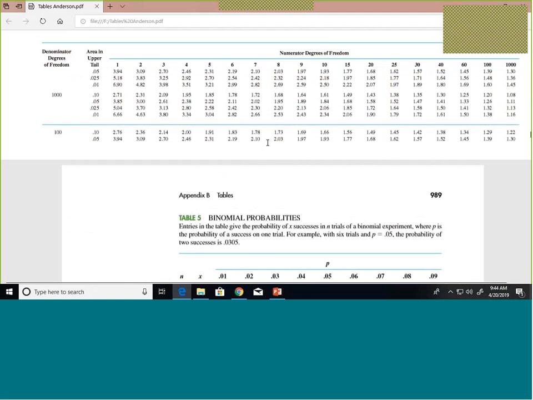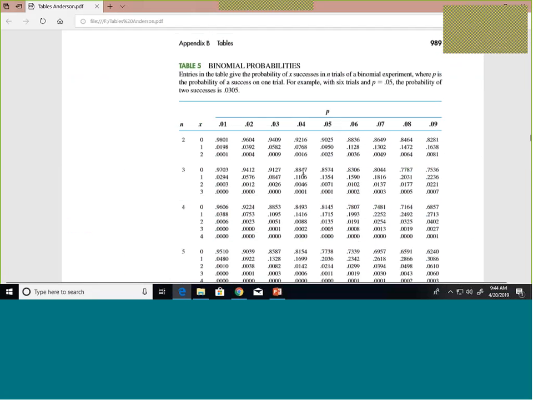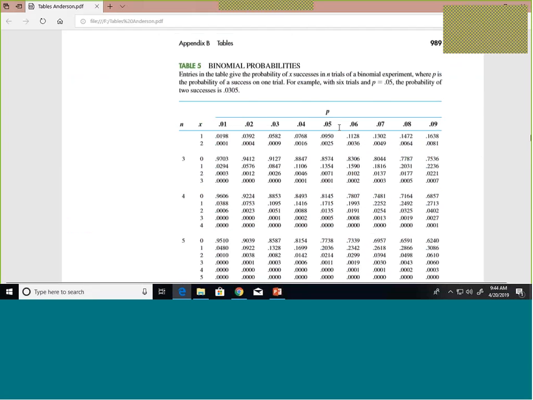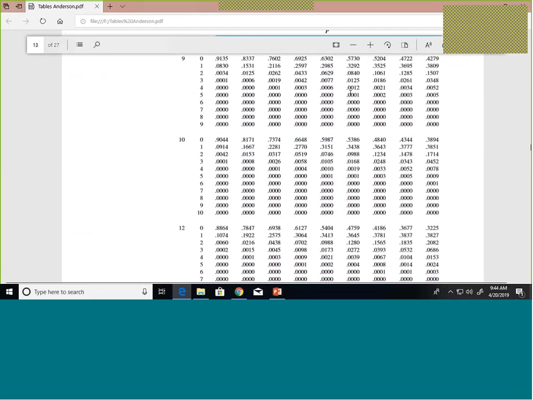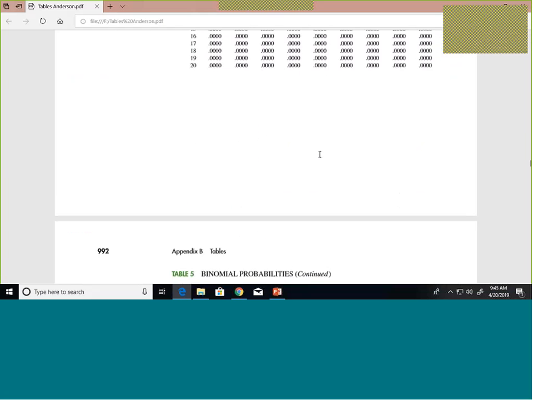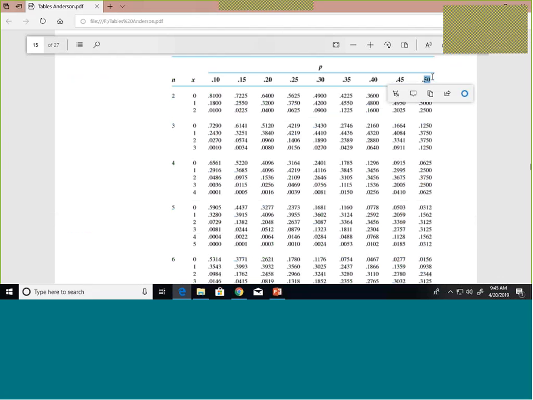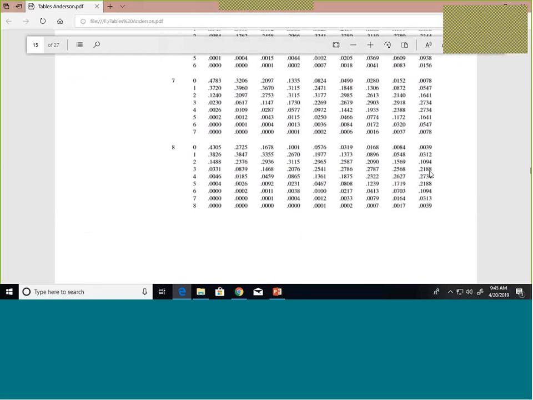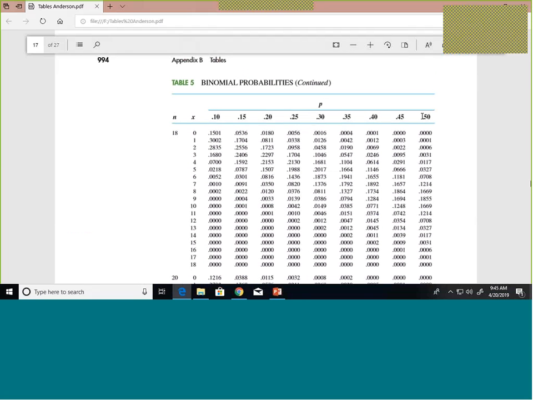So this is binomial. 18 is n and p is 0.5. Yeah, this is 0.5 here. N is 18. Do we have 18 here? Yeah. So 0.5 is there, N is 18.